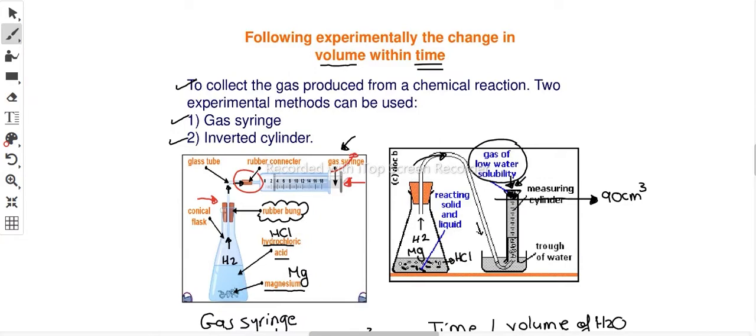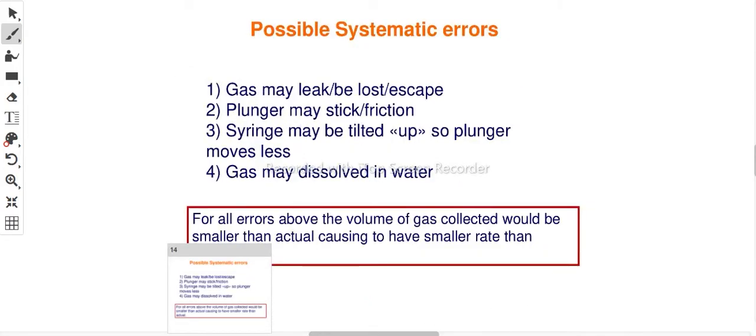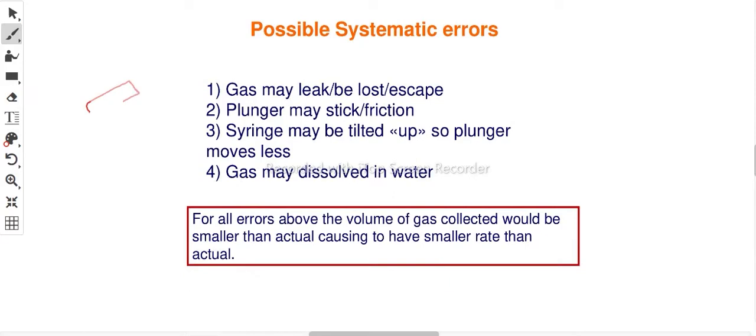When you connect the gas syringe, you need to make sure, using the clamp and the stand, that it is secure and parallel to your bench, so not tilted. Of course, if it's tilted up, something like this, what will happen? The plunger in this situation will not easily move.